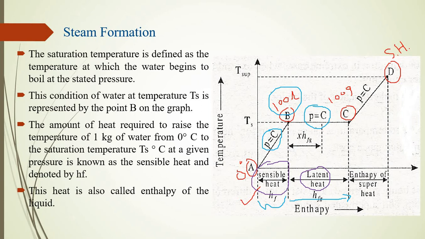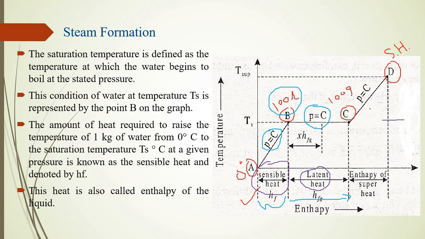For example, ice takes heat from the atmosphere at a constant temperature and converts from ice form to water, that's called latent heat. Likewise, liquid water converted to gaseous form or steam is also called latent heat, but its temperature remains constant in latent heat.